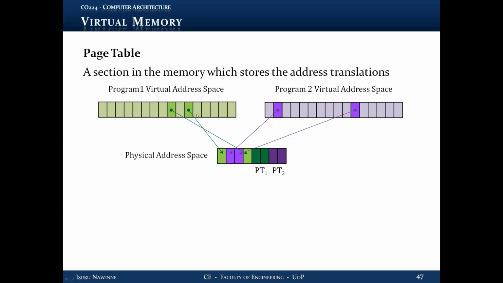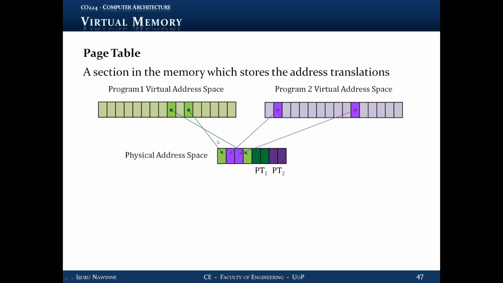So we have 2 pages from program 1 currently active with mappings available, and 2 pages from program 2 currently active in the memory, right? So these arrows, the purple arrows and the green arrows, represent the address translation, right?